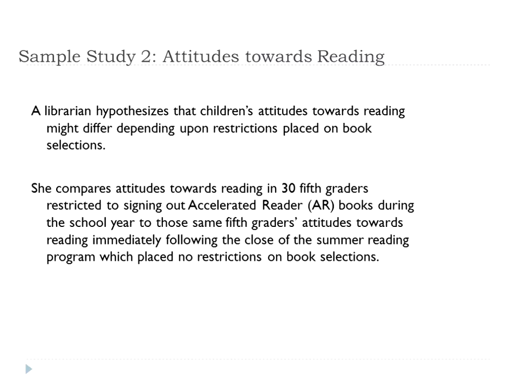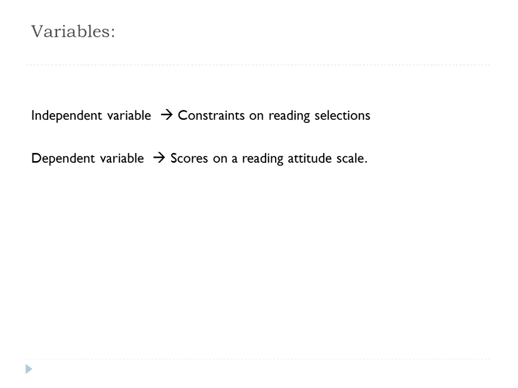She compares the attitudes towards reading in 30 fifth graders restricted to signing out accelerated reader books during the school year to those same fifth graders' attitudes towards reading immediately following the close of the summer reading program, which placed no restrictions on book selections.